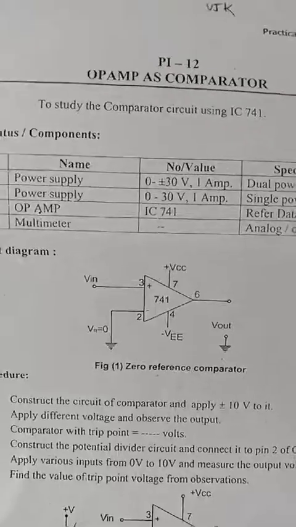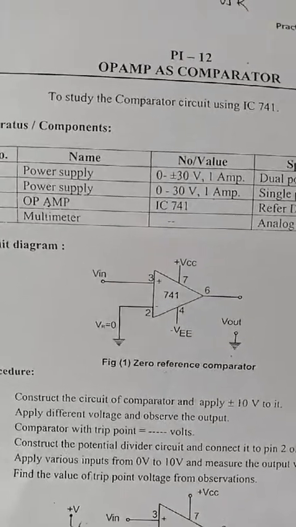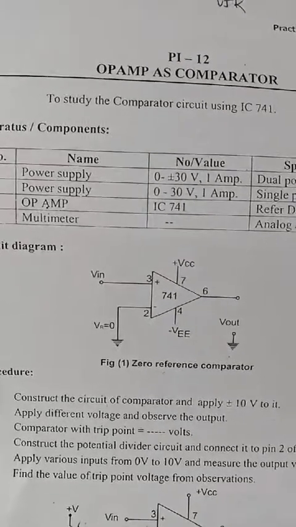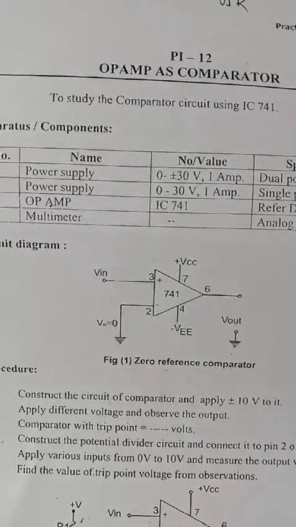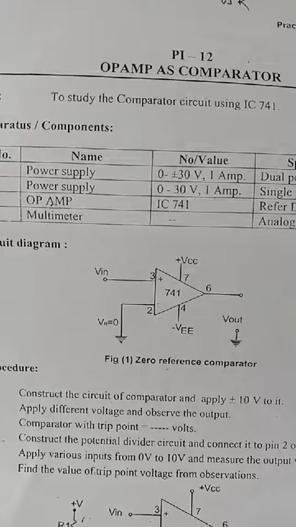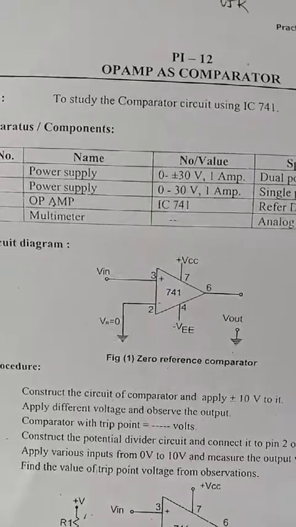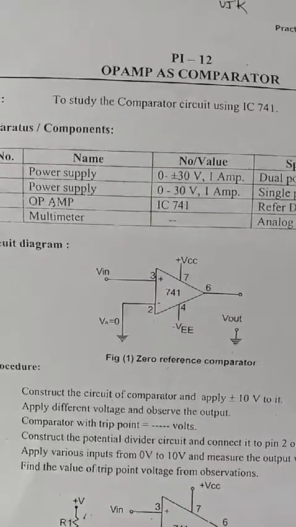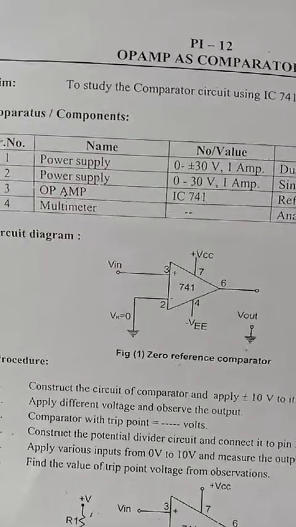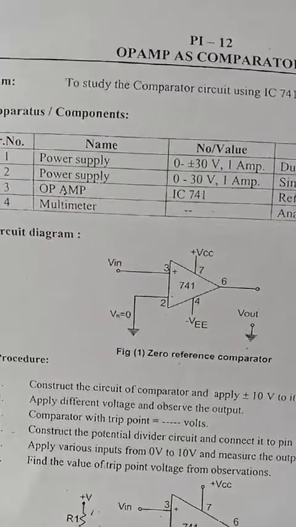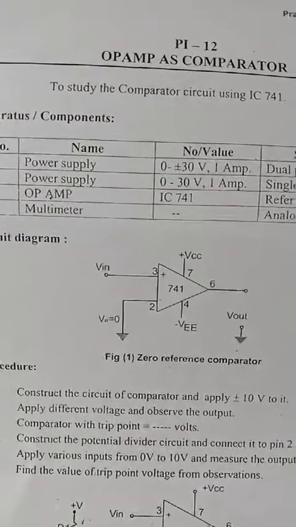This circuit is called as comparator. Comparator compares the applied input voltage with reference voltage applied to another input of op-amp. The reference voltage is a fixed voltage. It is given to one input of op-amp, and the applied input voltage is given to other input of the op-amp.